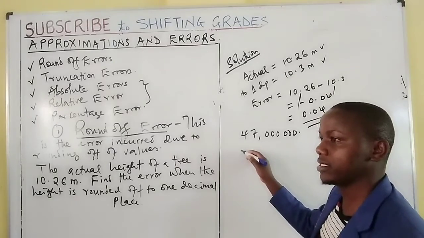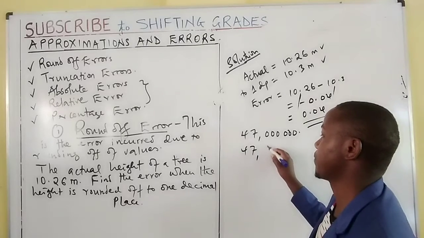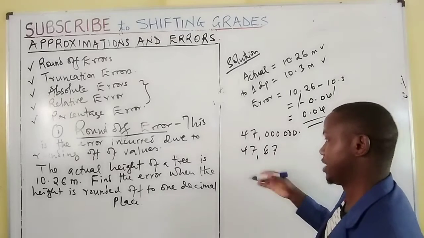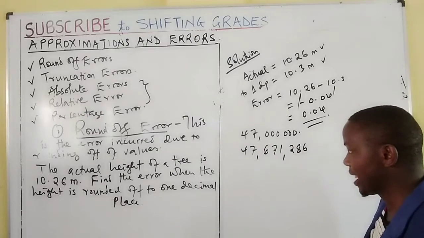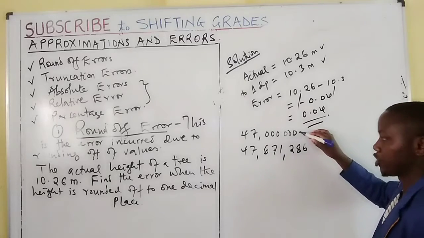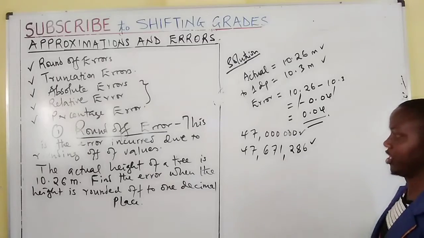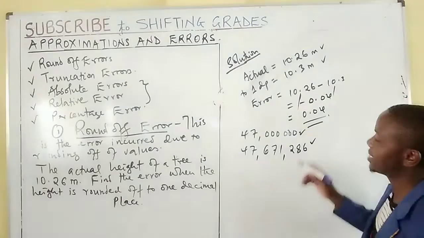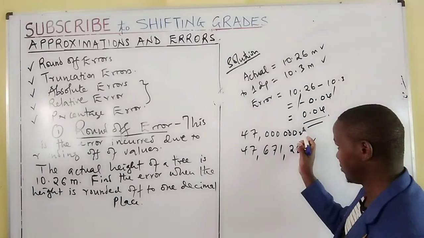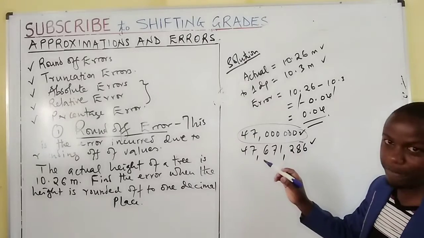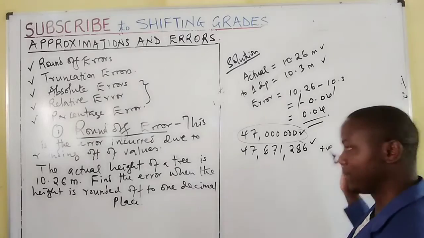In the process, some babies are getting born, and the population might be 47,671,286 people in Kenya. Meaning that when we take the actual value and subtract the approximate I have made, we will get a positive number. So that will be the error.